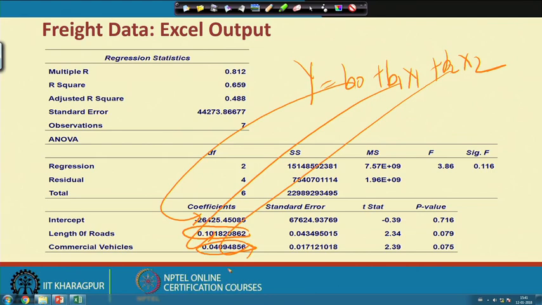Now, before you go for predictions, there are two minimum checks you are supposed to do, whether it is a bivariate or a trivariate. This is the problem we are dealing with, a trivariate, where we have two independent variables and one dependent variable.